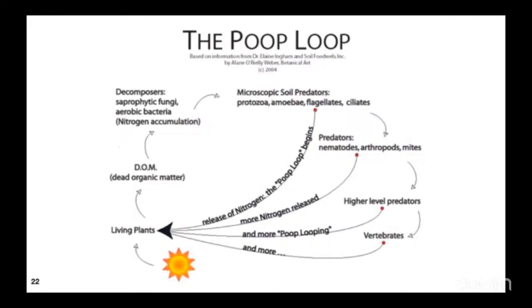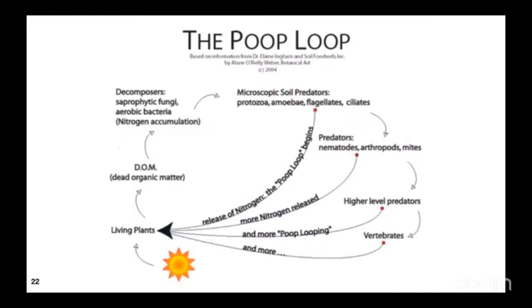These are then predated on by protozoa, amoeba, flagellates, and ciliates, and micro and macroarthropods. When these excrete their poop, they put back the nutrients they got from the bacteria and the fungi into the soil as plant available nutrients. That's how the poop loop works, and how nutrient cycling works inside the soil.